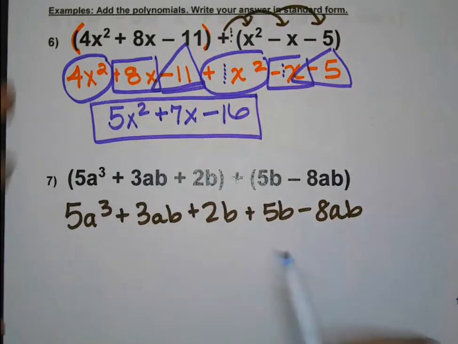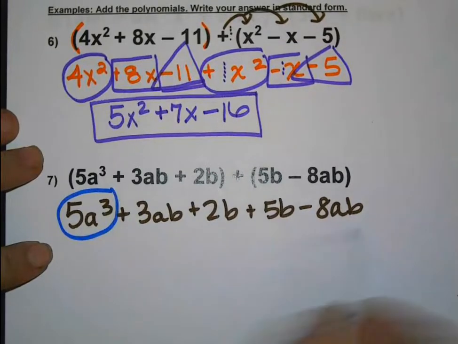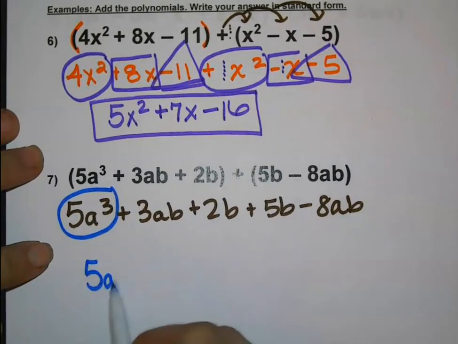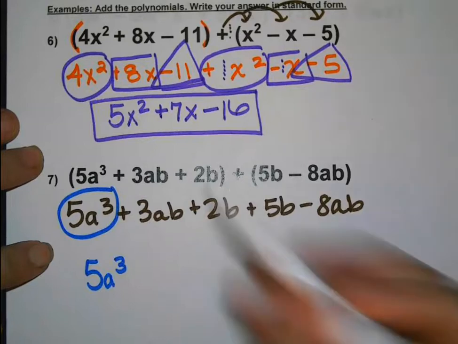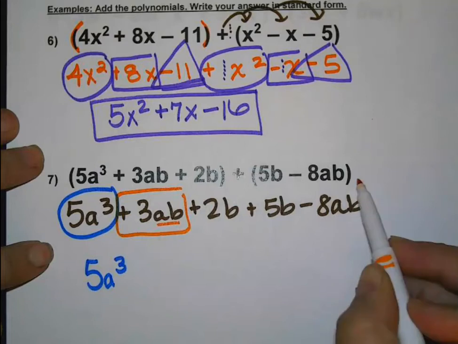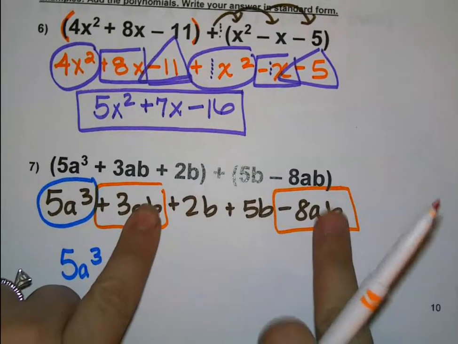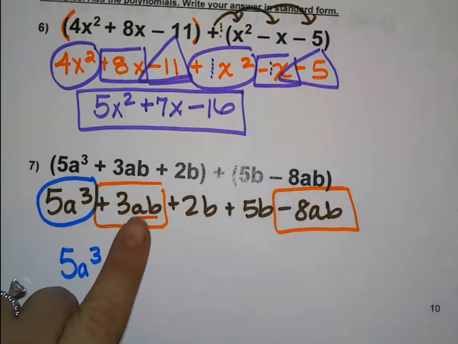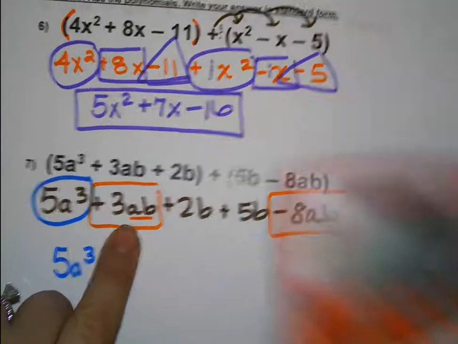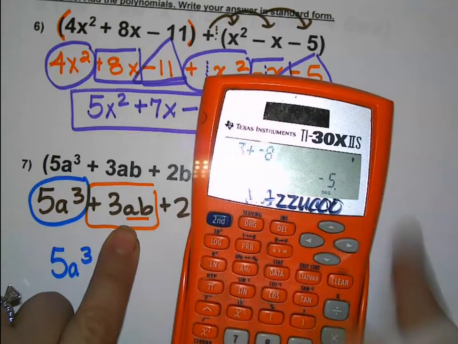So for example here, this one, 5a cubed, there are no other a cubes, and I'm going to bring that down. Then I can combine an ab term, this has ab, with another ab term. So these would go together because they match. This is all together. So then I would have 3 plus negative 8, which is negative 5.